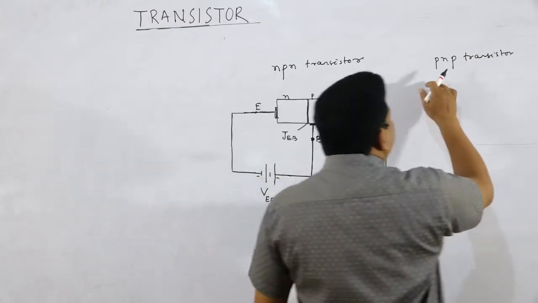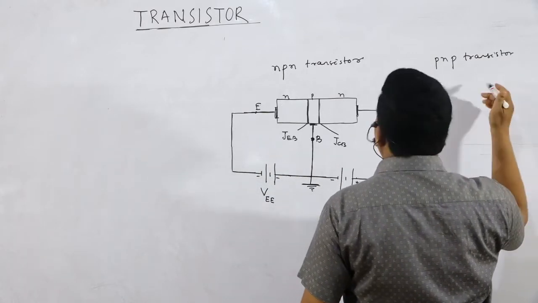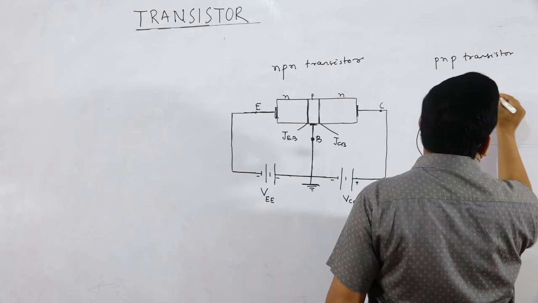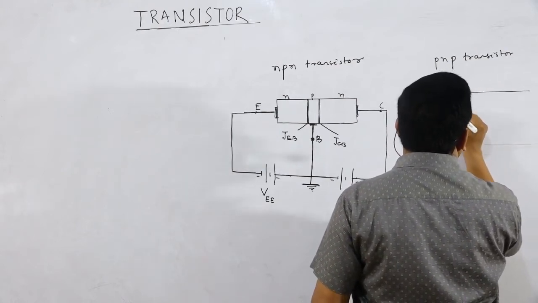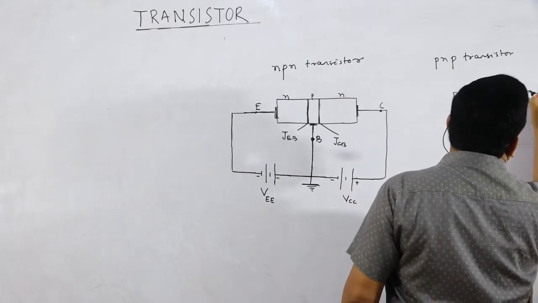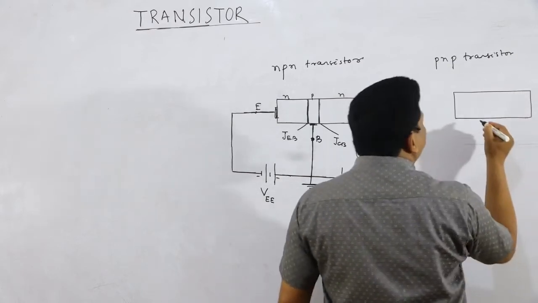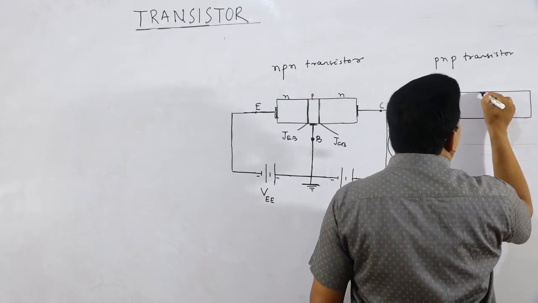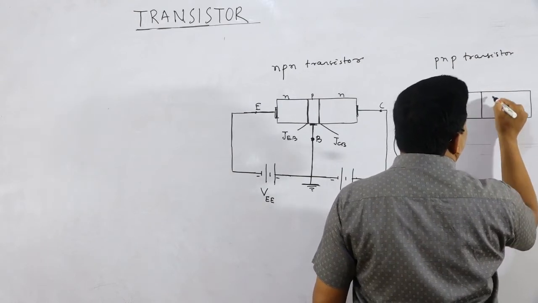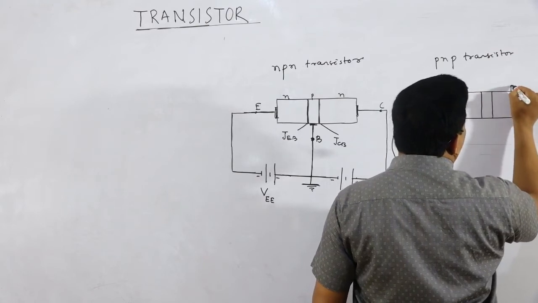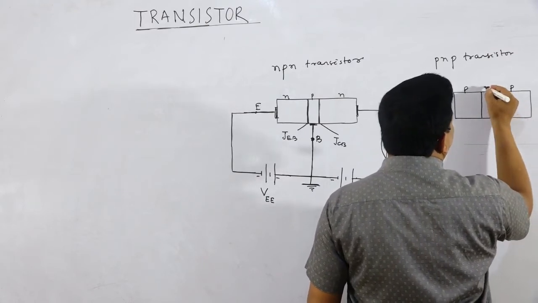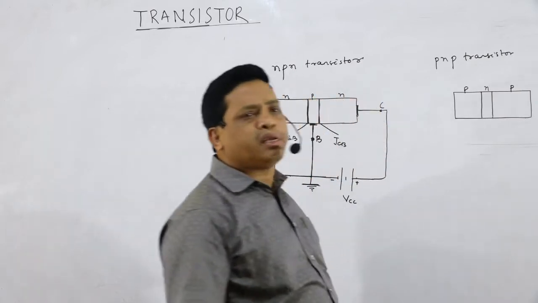Similarly, we can discuss about the PNP transistor. So in a PNP transistor, between two P-type semiconductors, a N-type semiconductor is sandwiched. These are two P-type semiconductors and the middle one is the N-type semiconductor.